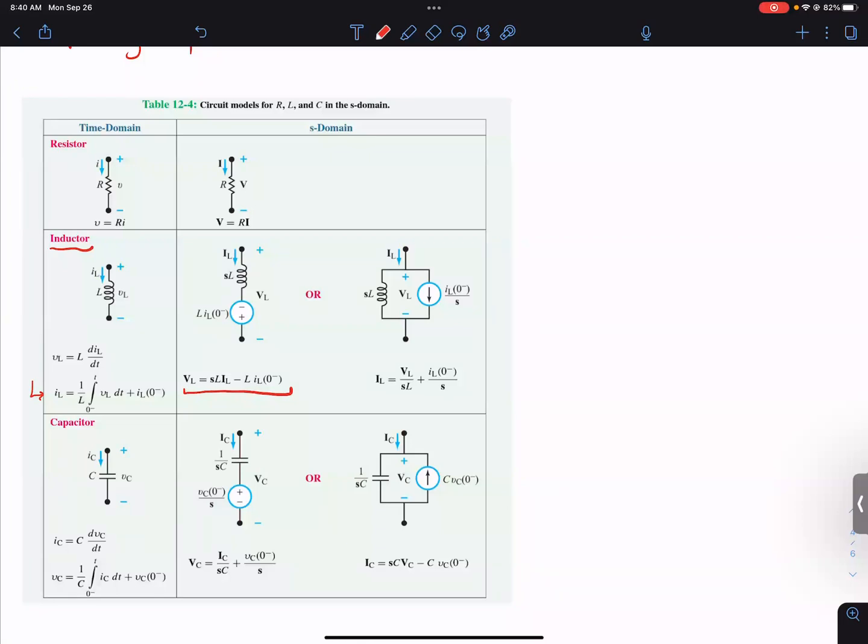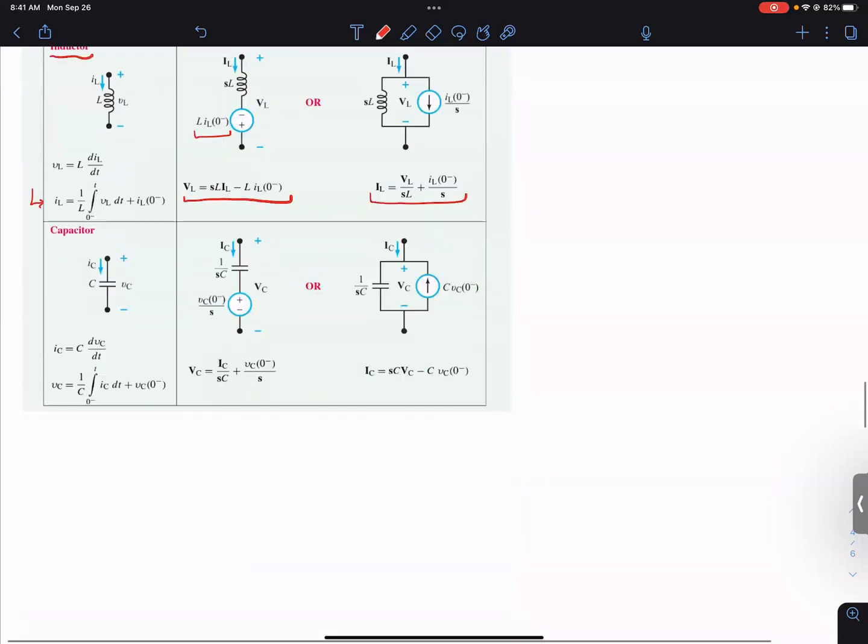Just like we did with phasors, it translates over to LS, but now we have the initial condition of minus L I_L(0 minus). Because it's a minus, it would be oriented in this direction, from minus to plus. And if we wanted to write it in terms of I_L, we could write it as I_L equals V_L over SL plus I_L(0 minus) over S. So whichever form you want to put it in, both of those are valid.